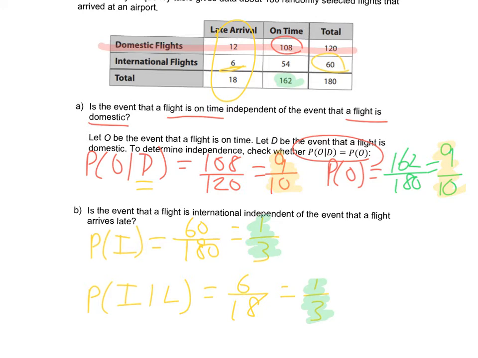So both of these events, A and B, are independent events. For this problem in B, we could have looked at the probability of late and the probability of late given international, and we should have gotten the same probabilities there as well. That would also show that the events are independent.